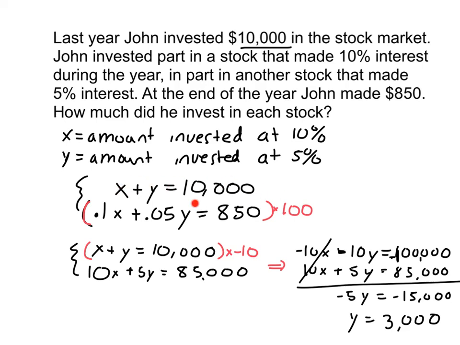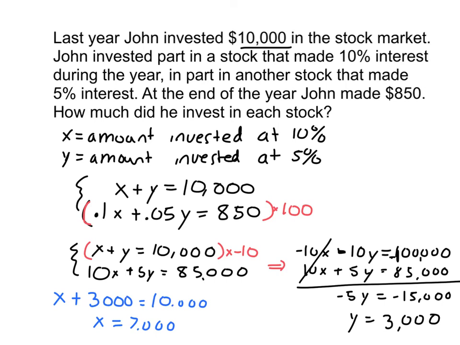Now I need to find what X equals. I'll use the top equation and plug in the known value of Y. So X plus 3,000 equals 10,000. Subtract 3,000 from both sides, and you get X equals 7,000. Now I just need to write up my answer, and then I'm done.